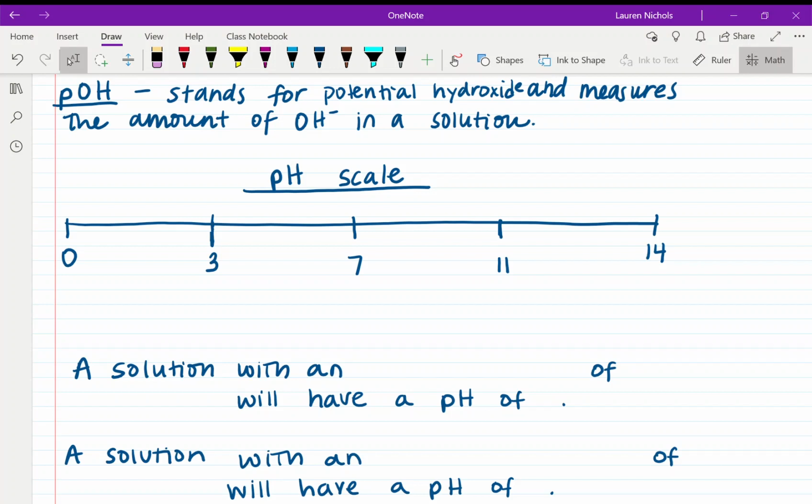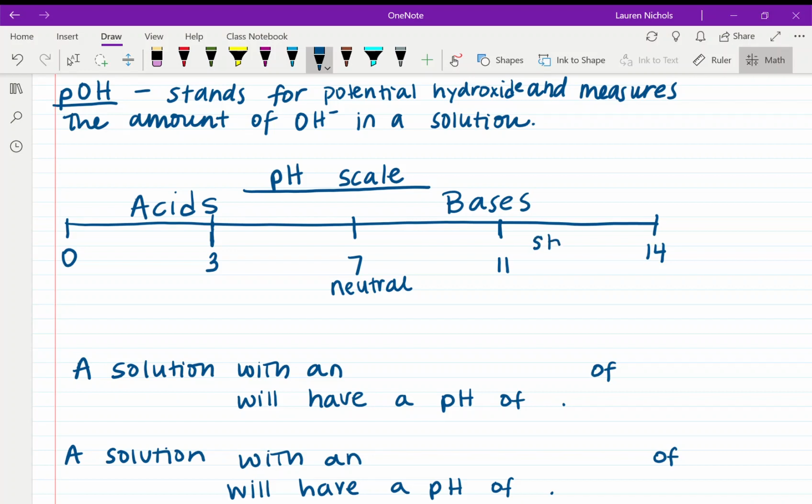And 7 is our middle, and it is our neutral area. So anything that is lower than 7 is going to be an acid. So acids are from 0 to 7, and bases are from 7 to 14. Now, the closer you are to 0 or 14, the stronger you are.